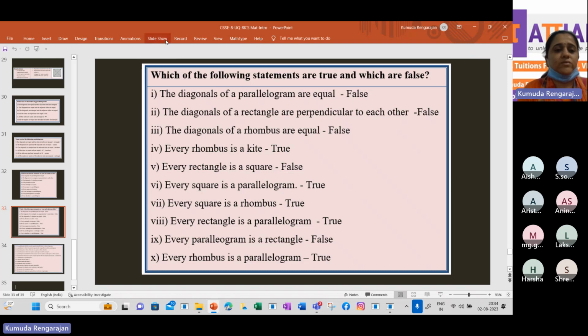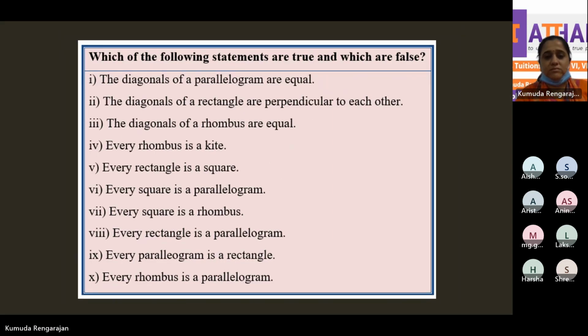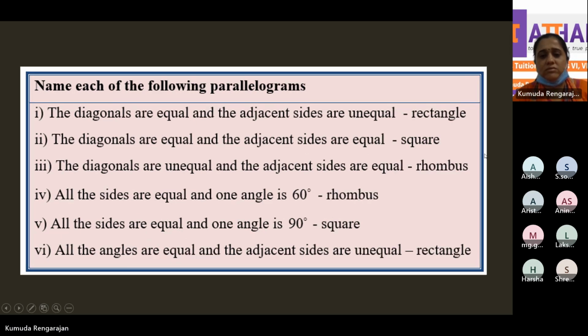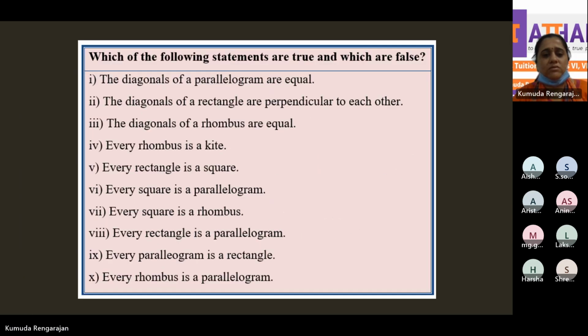Okay, we have to discuss this one. I think these are just properties. You can help yourself using the properties. Yeah, we'll just do this one.